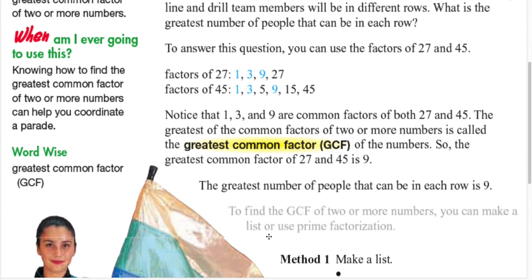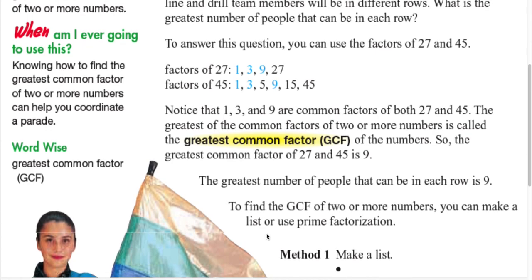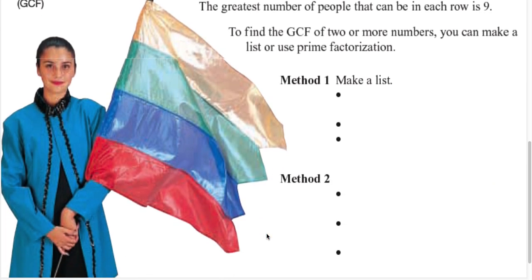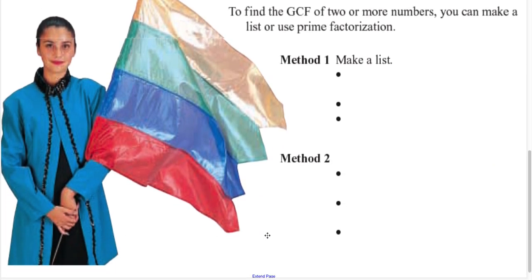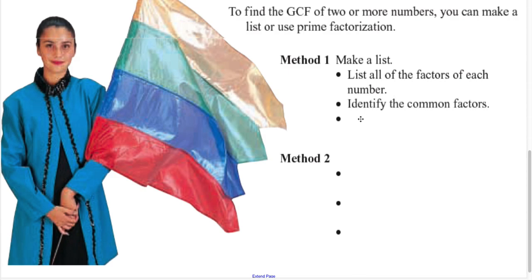Okay, so to find the GCF of two or more numbers, you can make a list or use prime factorization. Let's use a list first, and I'll teach you how to do prime factorization. So, what is entailed in creating a list? Of course, list all the factors of each number, then identify the common factors.